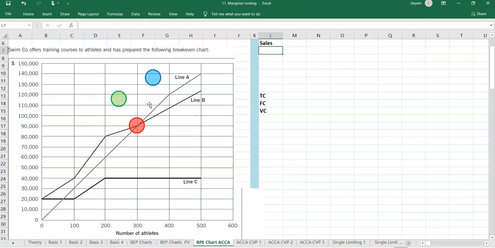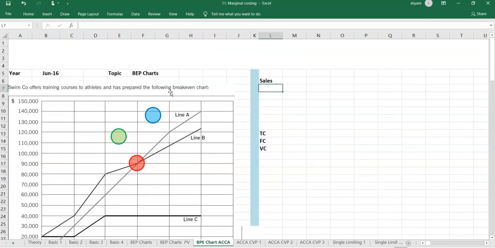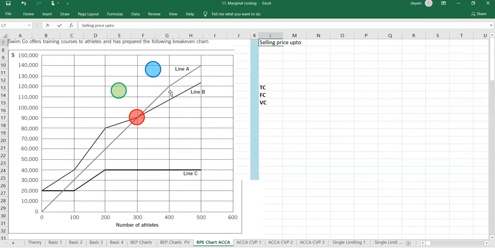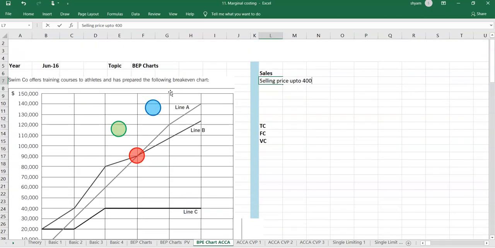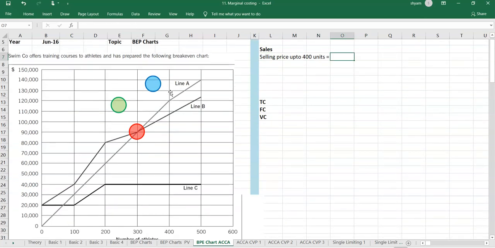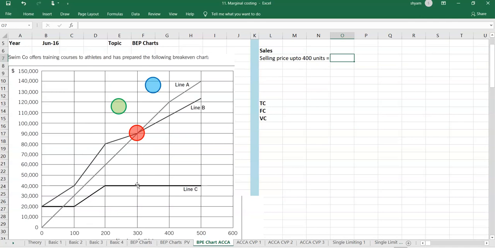So if you say what would be the selling price up to 400 units. Okay, 400 units is what? See, we can easily find out that at 400 units, the total sales is 1,20,000.